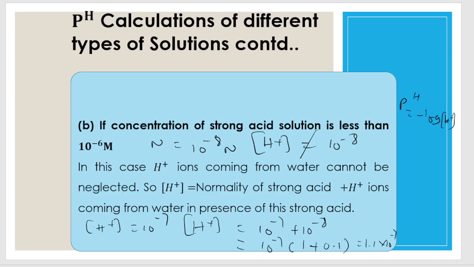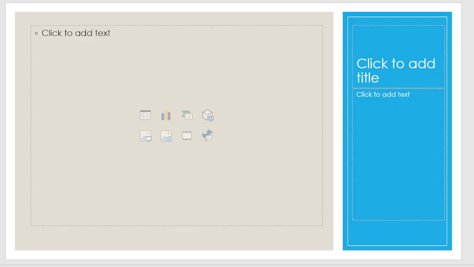Let me take another slide here, because this is very important and I want to write clearly. So we came to know that the H plus ion concentration is 1.1 into 10 to the power of minus 7, because we took the H plus ion concentration even from the water.